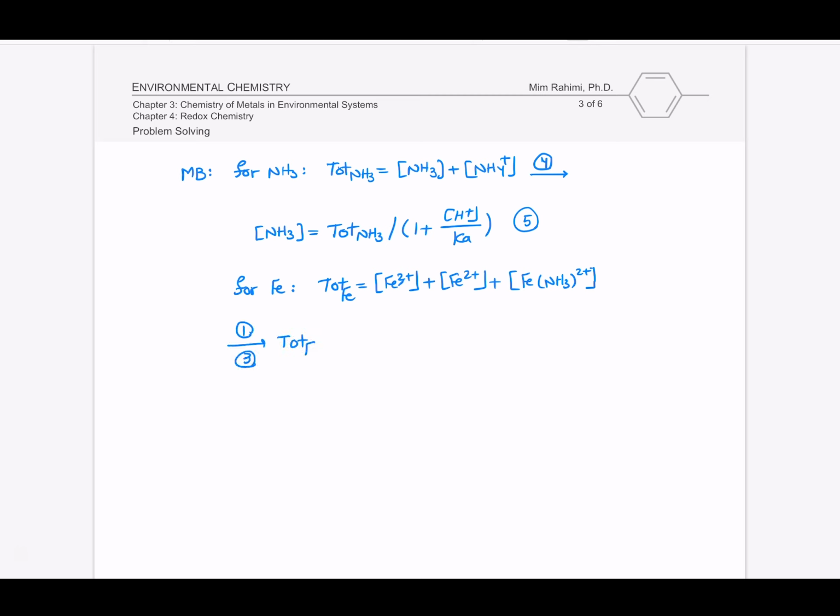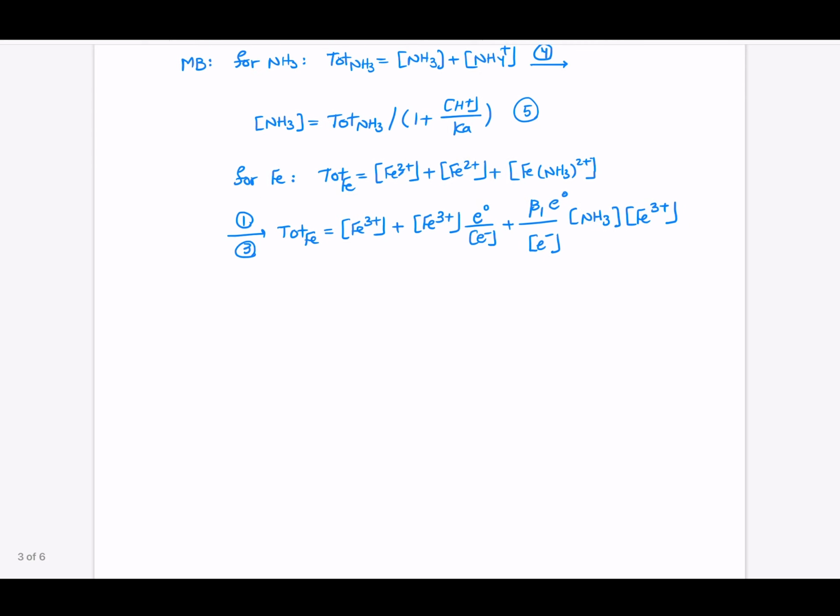Then the total Fe would be Fe3+ times E0 divided by the activity of electron, plus that term that we derived. So now we have everything in the form of Fe3+ and the total, and the rest is either constant or something that is condition dependent.